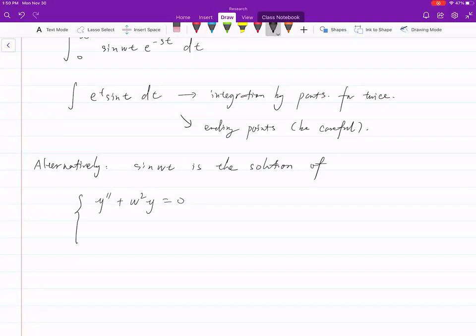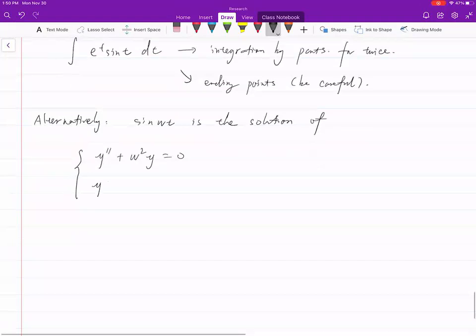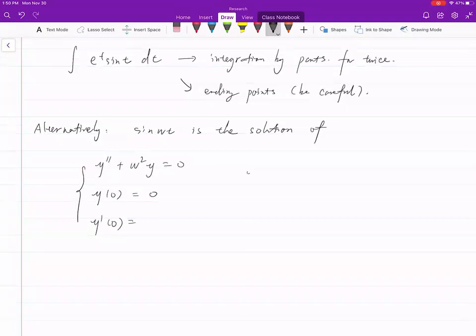You take the derivative twice, you basically get omega square times yourself. Plus y(0) equals 0. For second order, you need another initial condition, that is y prime 0. And what is y prime 0? Well, if you already know y equals this, y prime is nothing but omega cosine omega t. y prime 0 is nothing but omega.